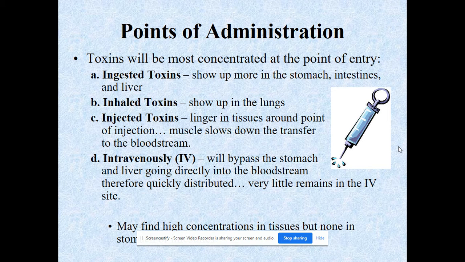The difference between the two is the IV is injected into an IV, right into a vein, not just into the skin. And again, that Dr. Death poisoned his victims a lot like that with succinylcholine. All right, so those are different points of administration.